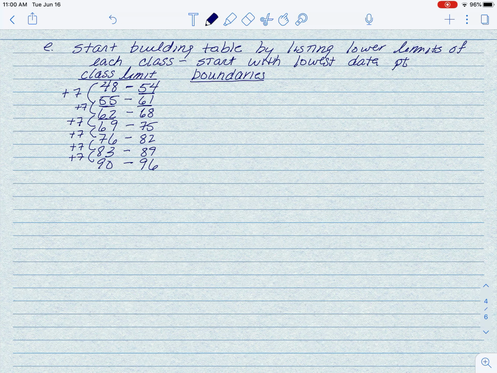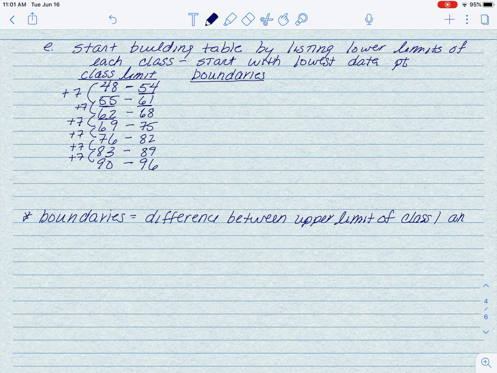So for the boundaries, to know how much to add and subtract on each side, we take the difference between the upper limit of class 1 and the lower limit of class 2, and divide by 2. So we split that difference in half.